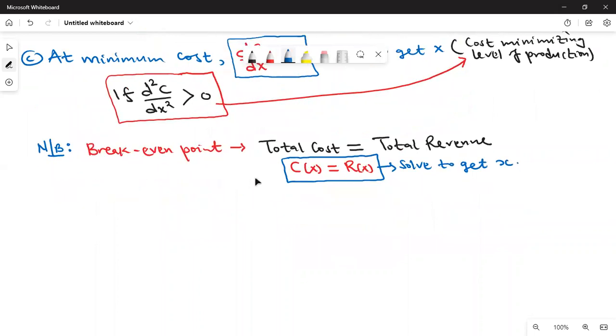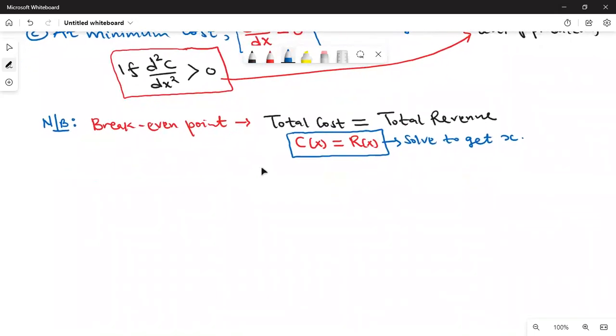Let me write it. Point of diminishing returns.